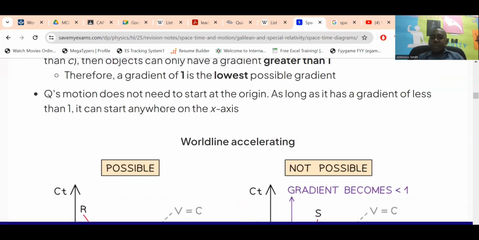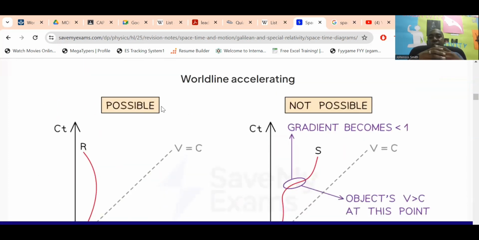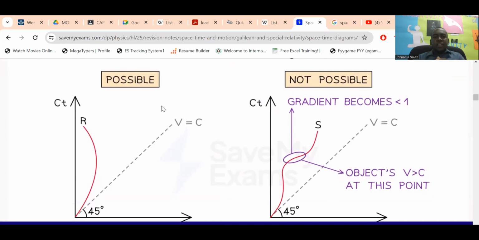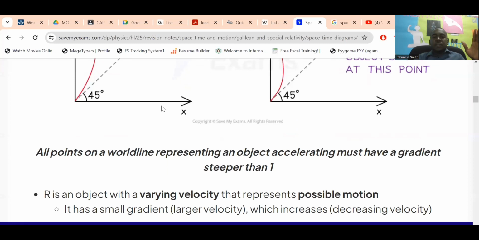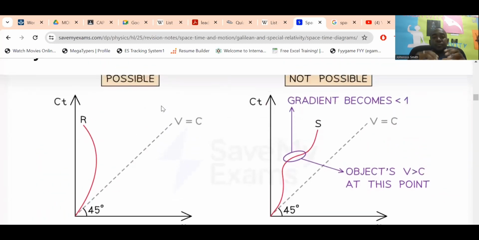Now, in some cases, objects can be accelerated, so the world line would be a curve. Now, if it curves towards the vertical axis, then it's a possible reality, because curving towards the vertical axis means that your gradient, which would be v over c, would be less than 1.